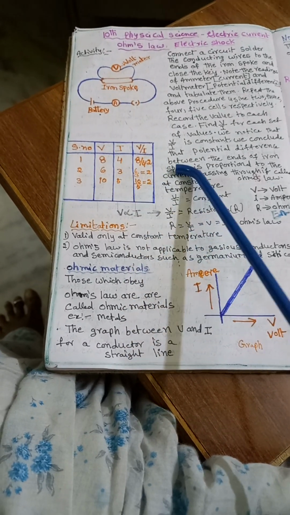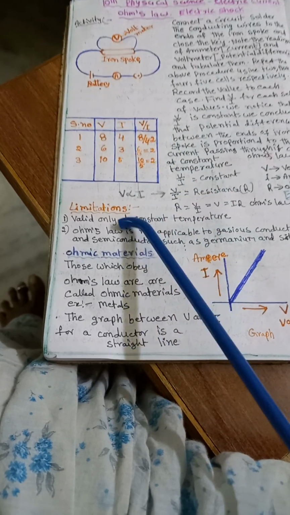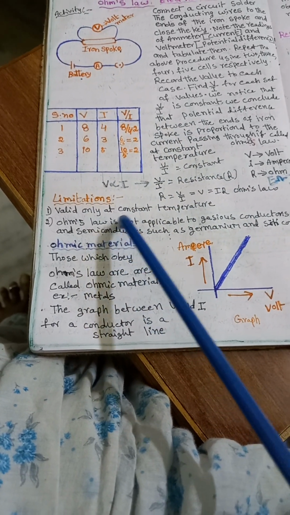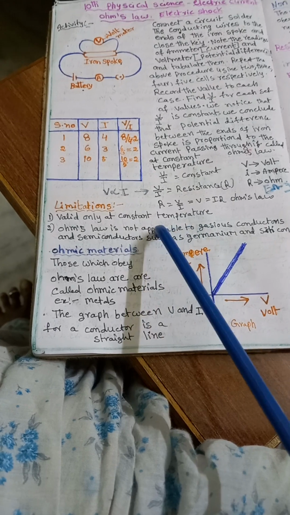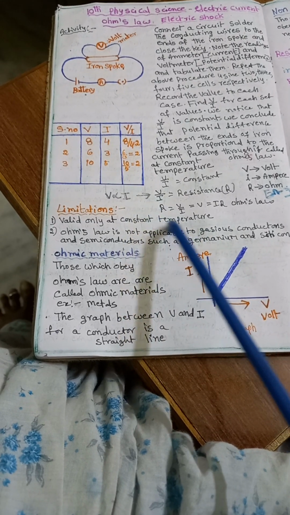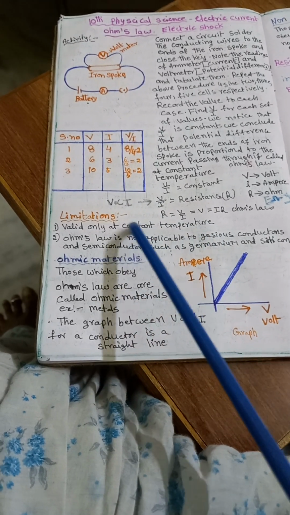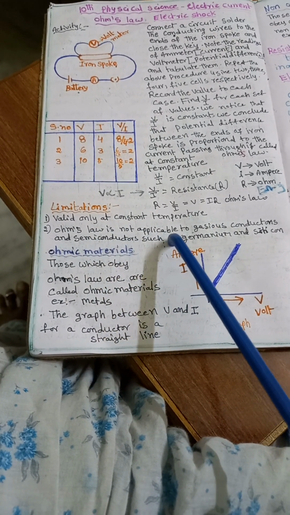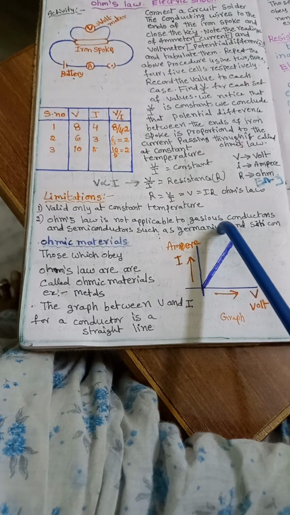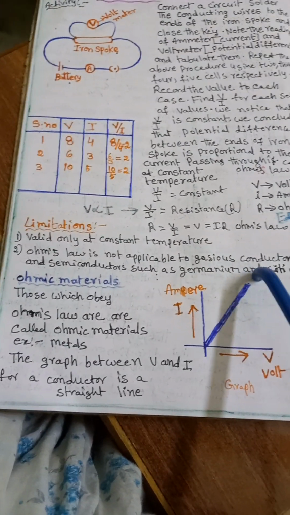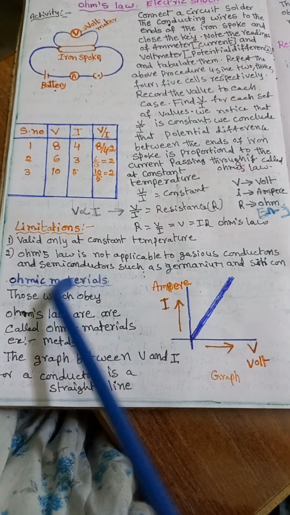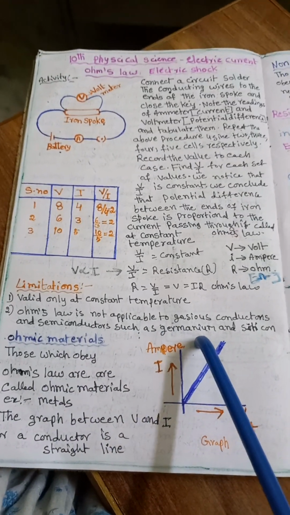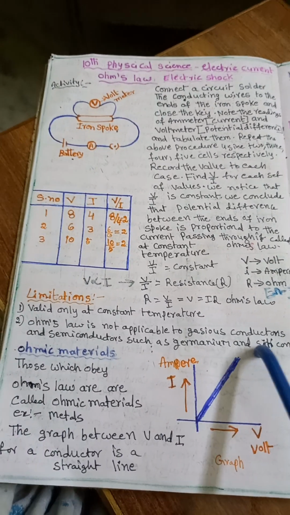The limitations of Ohm's law are: this Ohm's law is valid only at constant temperature, not a high temperature, not a low temperature. And Ohm's law is not applicable to gaseous conductors and semiconductors such as germanium and silicon.